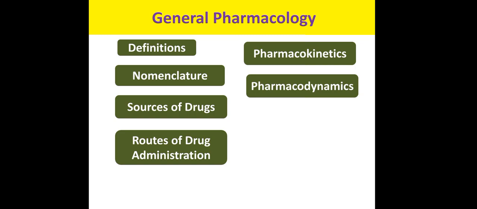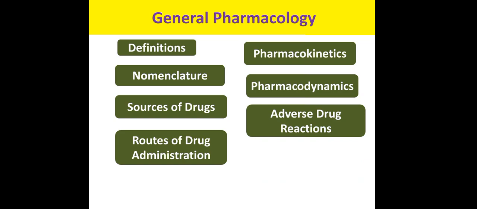These are the two hands of pharmacology, we can say. Then different adverse drug reactions. All these are very basic topics which are very helpful to understand the overall pharmacology subject, and we are going to start these from tomorrow's lecture sessions.